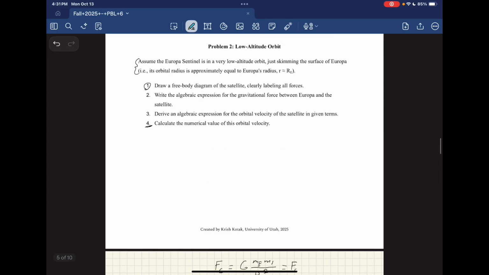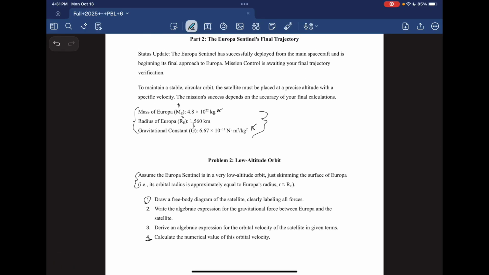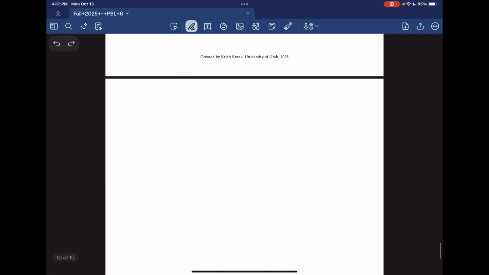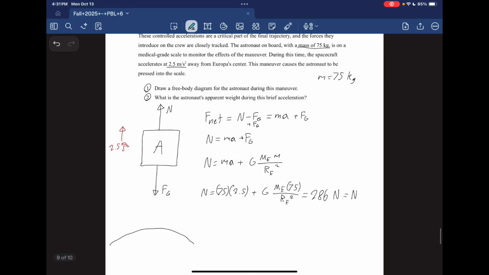For a refresher, those values we were using earlier are right up here, if you'd like to plug them into your calculator yourself. I plugged them into my calculator though, and we get that this is equal to 286 newtons. This is equal to the normal force, and that is the apparent weight during this brief acceleration.